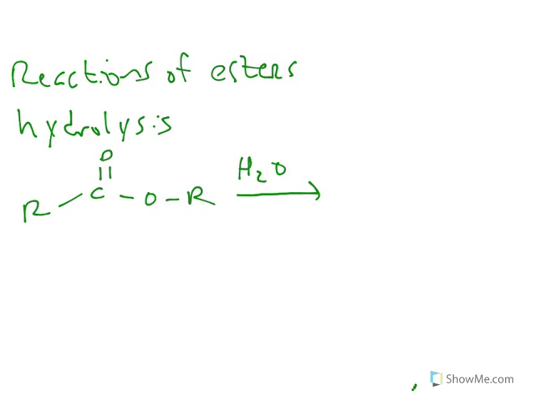Nothing's really going to happen in this reaction, to be honest, because the leaving group is so bad. We need the OR group to leave, and under neutral conditions, an OR minus group is just not going to work. So what we want is some acid catalyst. As soon as you add a little bit of acid, boom, this thing's off for the races. And what we're going to get is a carboxylic acid and an alcohol.